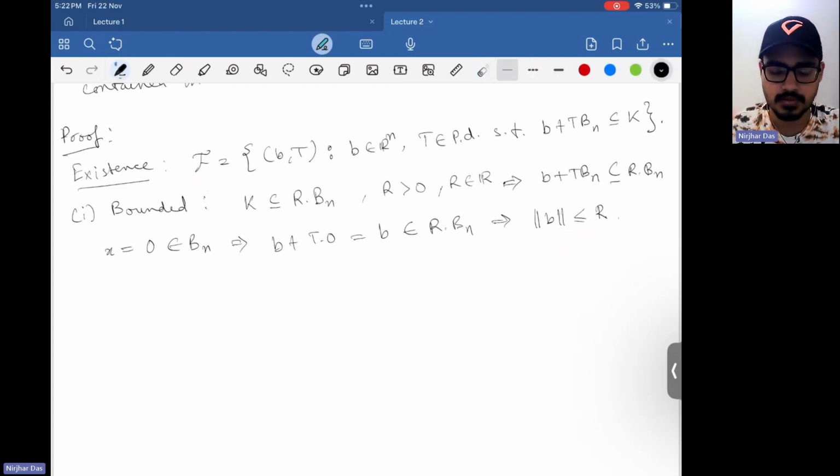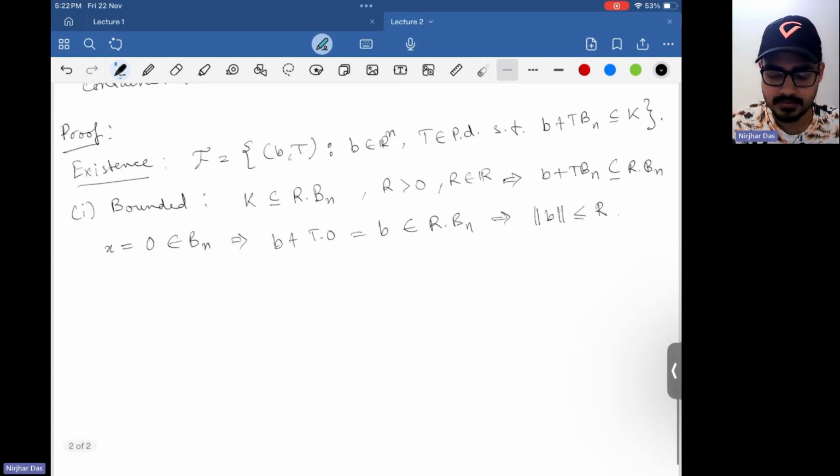This is the boundedness of B. And similarly for T, what we have is, T of X, basically pick any X.